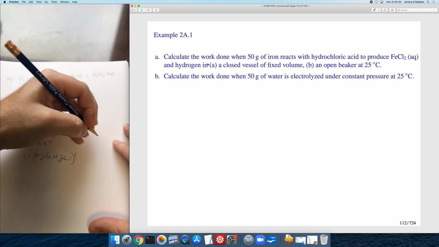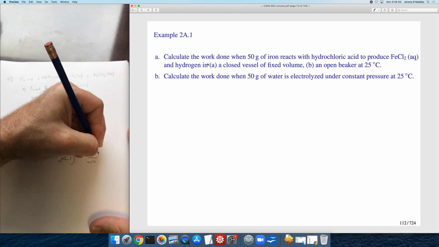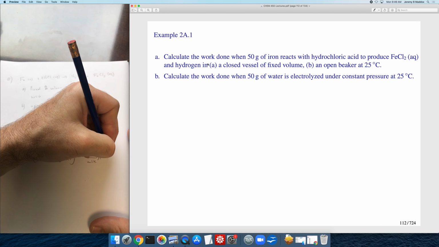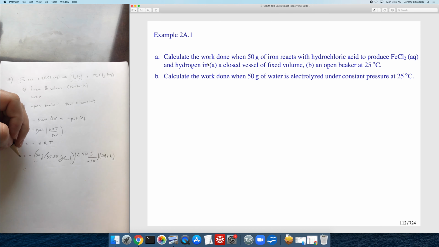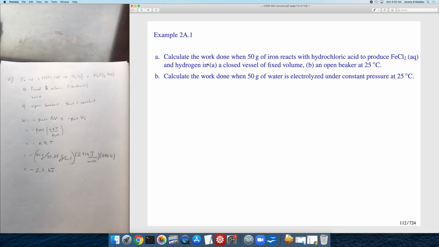We'll take that times the gas constant, times the temperature. We're at 25 degrees Celsius, so that's going to be 298 Kelvin. And so this will give us our answer. So I'm getting minus, I'm going to convert it to kilojoules, 2.2 kilojoules is what I'm getting from this calculation.